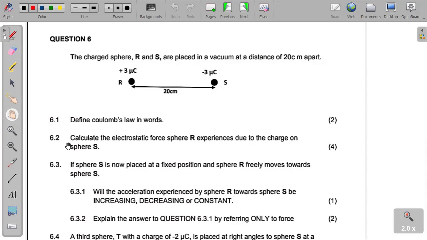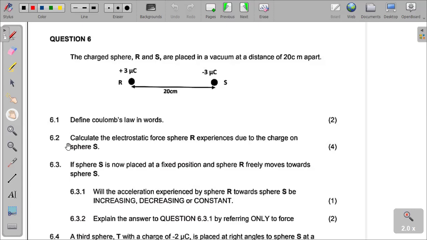So let's go to 6.2. The question is saying, calculate the electrostatic force sphere R experiences due to the charge on sphere S. That's our 6.2.